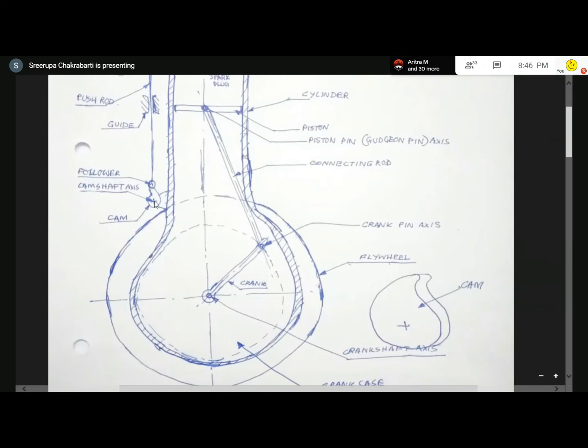What should be its revolutions per minute? That is derived from the speed of this gear. And based on the rotation or RPM of this, the cam profile plates, like this one, are also rotating.